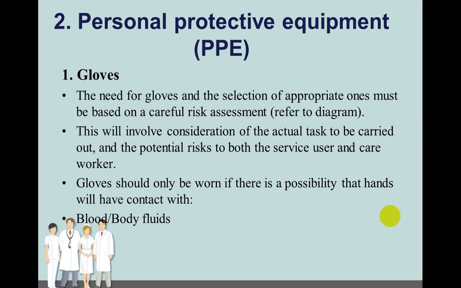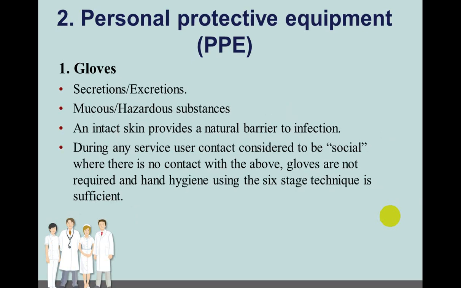This will involve consideration of the actual task to be carried out and the potential risks to both the service user and care workers. Gloves should only be worn if there is a possibility that hands will have contact with blood or body fluids, secretions, excretions, mucus, hazardous substance. An intact skin provides a natural barrier to infection.